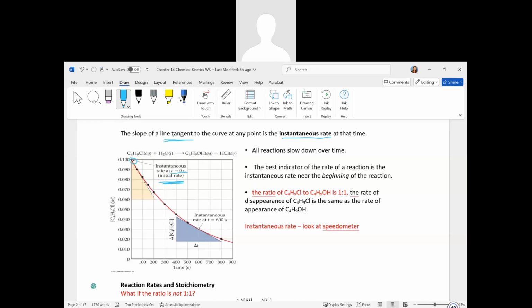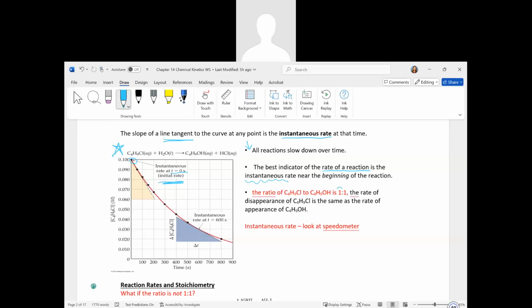We note over here, this bullet point tells us that all reactions slow down over time. And the best indicator of the rate of a reaction is commonly the instantaneous rate near the beginning of the reaction. For this specific reaction, we have chlorobutane with liquid water, and our products are butanol and hydrochloric acid.